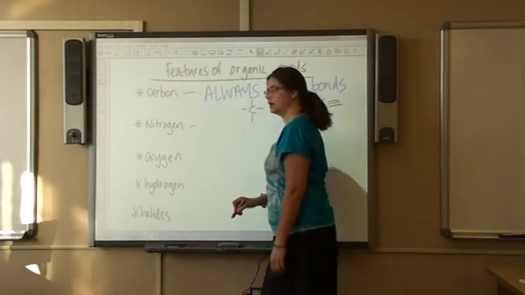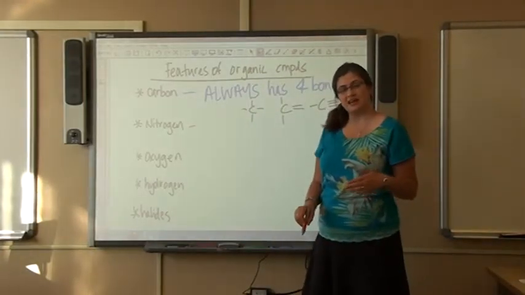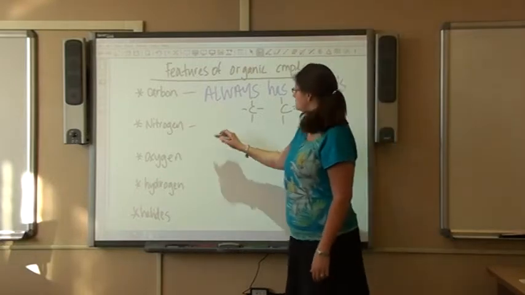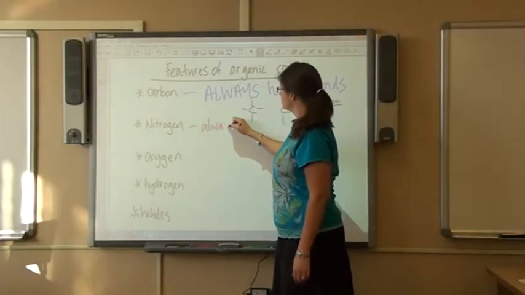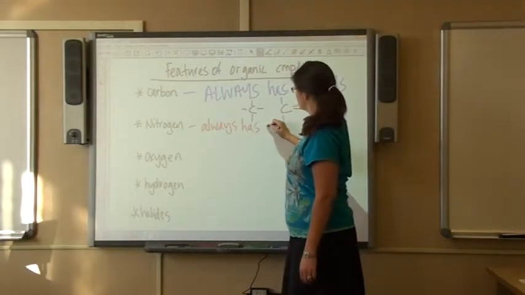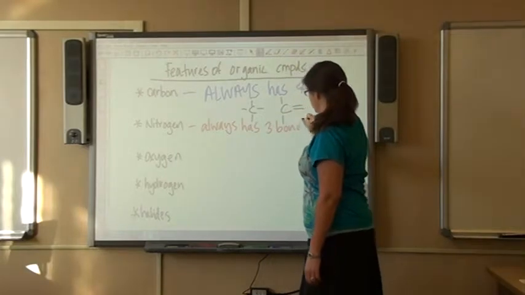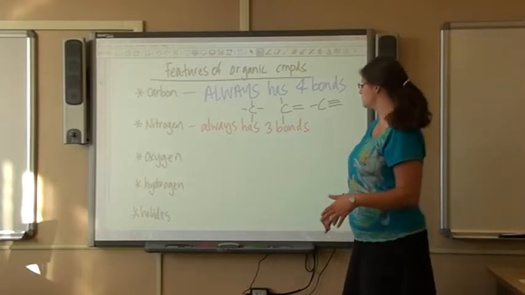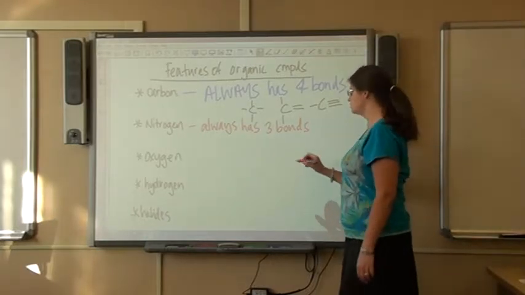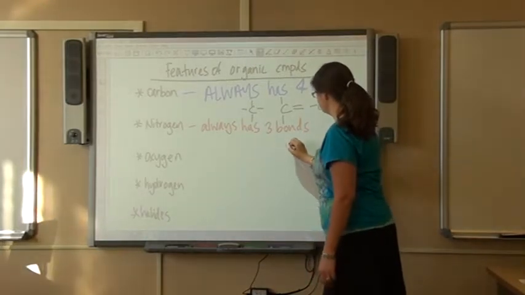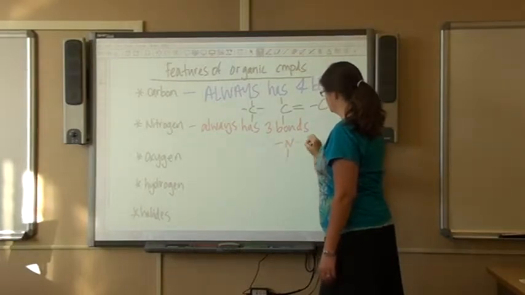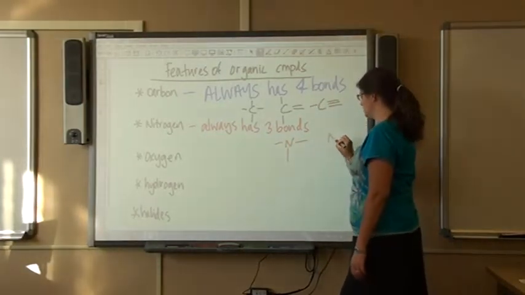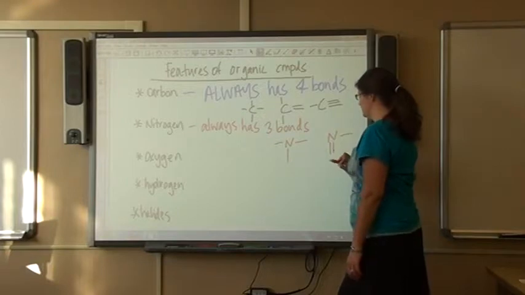Nitrogen is always going to have 3 bonds. Nitrogen is moderately prevalent in organic compounds, and it always is going to look like this. Sometimes that nitrogen can have a double bond and a single bond.